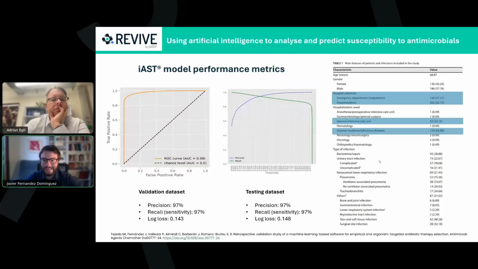Most of them have bacteremia, urinary tract infection, nosocomial lower respiratory infection, and also other kinds of infections such as bone and joint infection, gastrointestinal infection, etc.